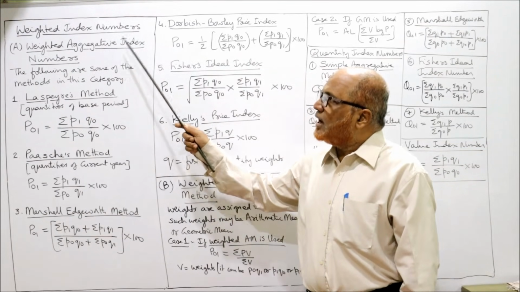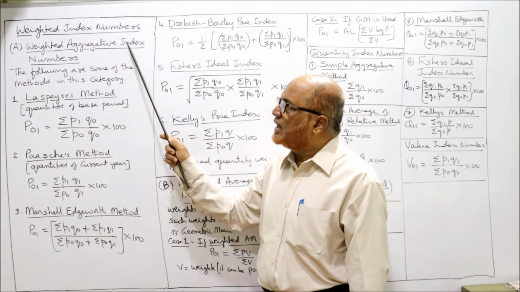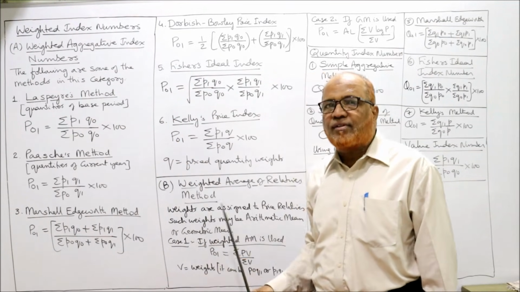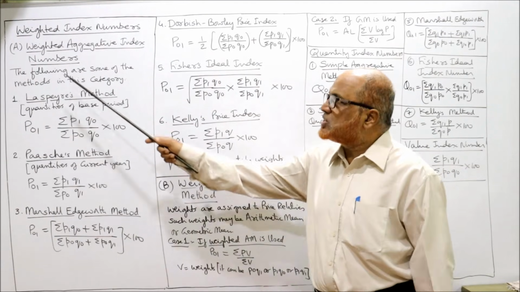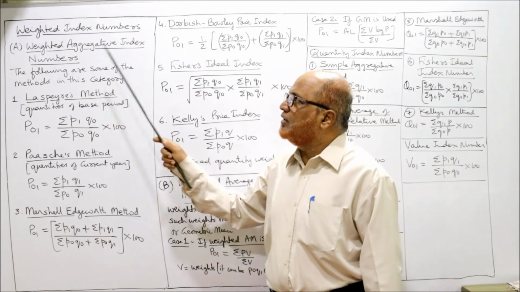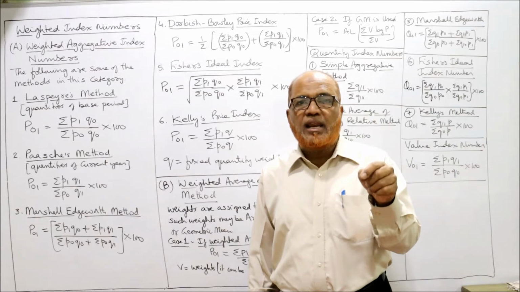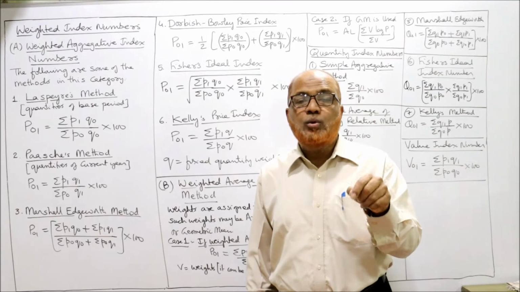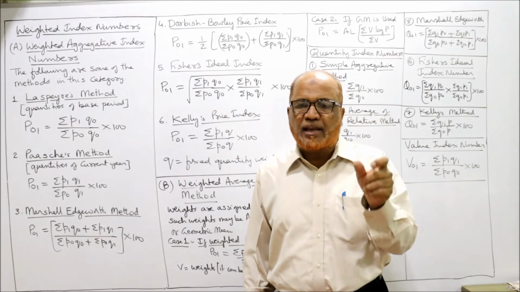So weighted index numbers are classified into weighted aggregative index and weighted average of price relatives. First we'll discuss about weighted aggregative index numbers. The weighted aggregative index numbers are very much similar to simple aggregative method. Previously we have seen simple aggregative method.